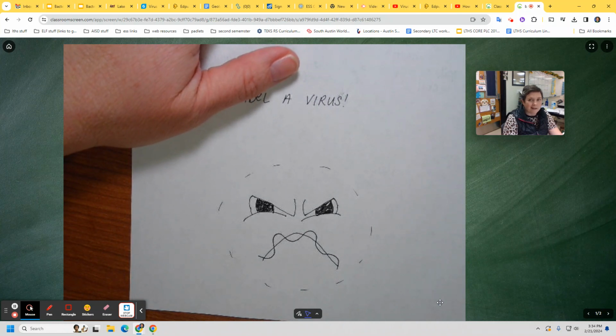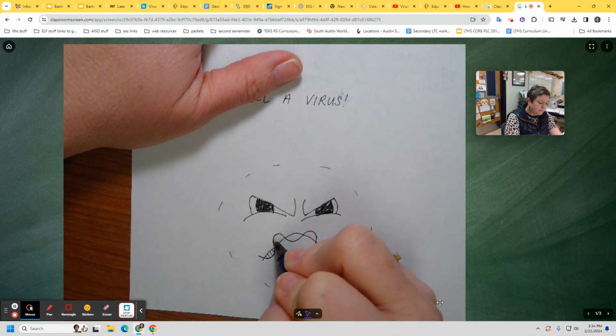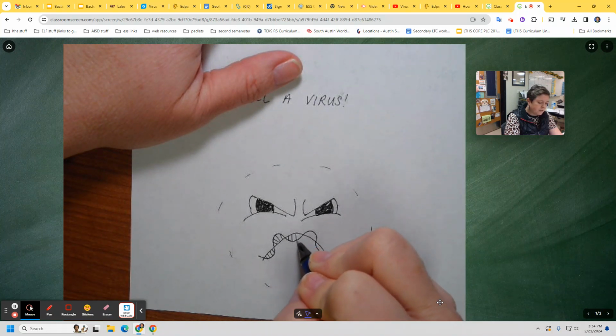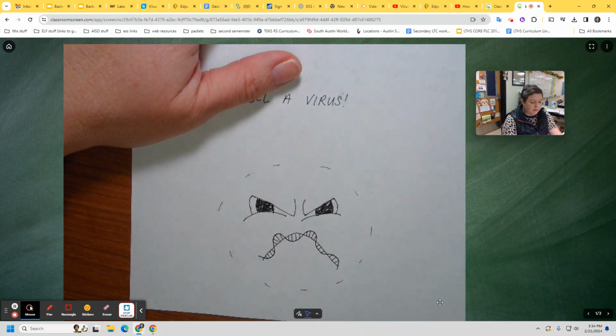That's how I make DNA. As long as you know what it is, it's okay. Then you're going to draw these. Remember when we studied the structure of DNA? These are the rungs of the ladder, right? Doesn't he look grumpy and angry?